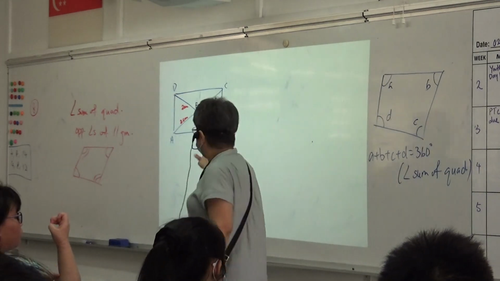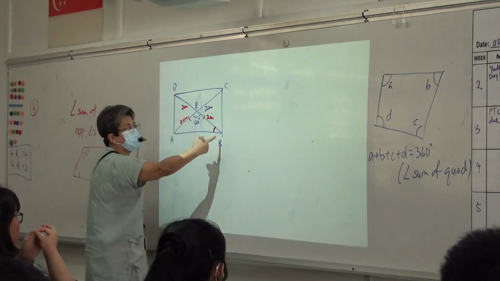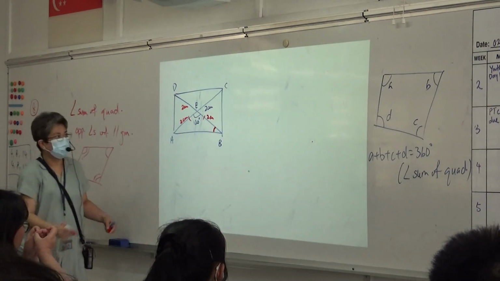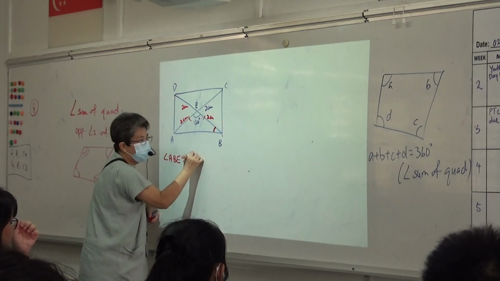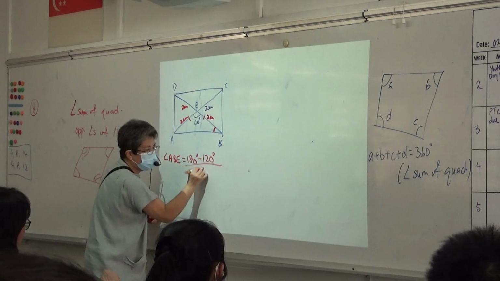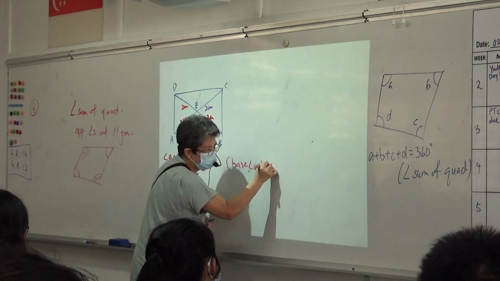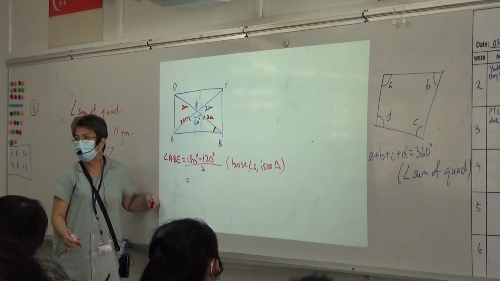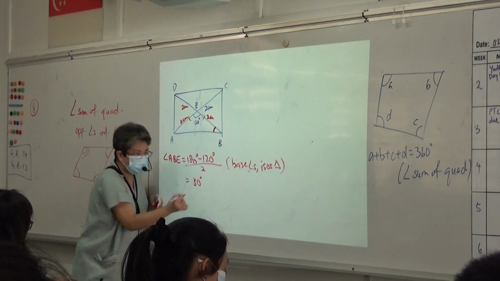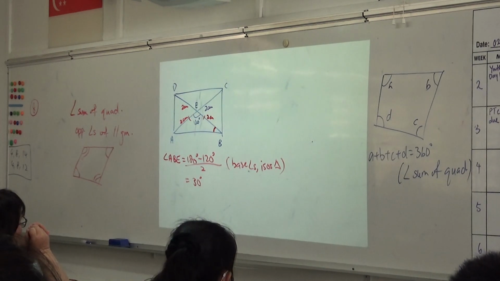If all these are 2 cm, that means this is what kind of triangle? Isosceles triangle. So angle ABE will be 180 minus 120 divided by 2, right? This is called base angle of isosceles triangle. So this is 60 divided by 2, so 30 degrees. Are we clear here?